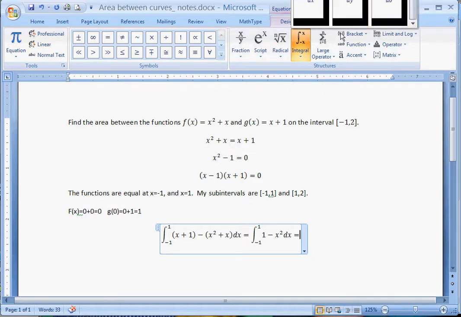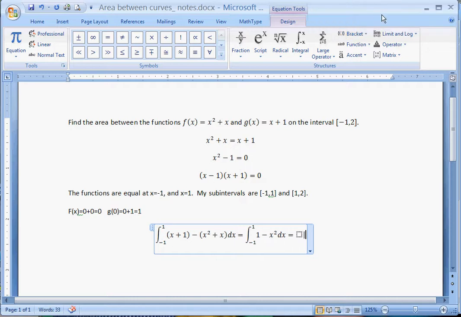First off, I'm going to integrate the whole thing from -1 to 1, remember. So integrating 1, you could think of that as x to the 0. The power goes up by 1, so that's x. You could double check the derivative of x is 1. Integrating negative x squared, to integrate the negative, I'll have to have something that's negative.